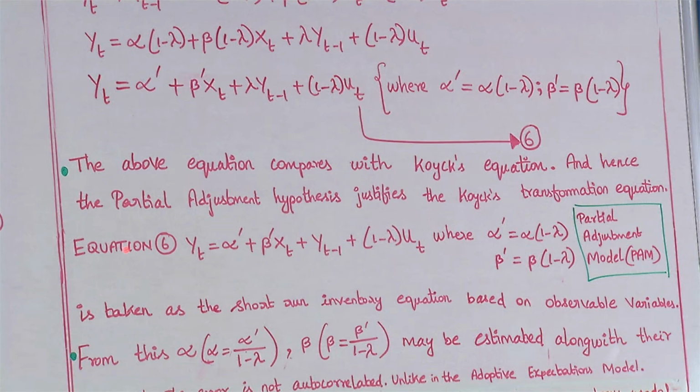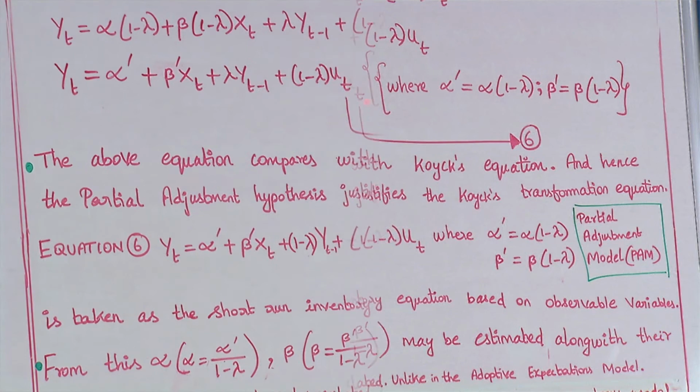Let us see equation number 6. It is quite interesting. This equation looks very similar to the one we saw in the KOYCK transformation equation. It has an autoregressive term, so it compares with the KOYCK transformation equation. This is derived not just by algebraic reductions, but in fact from the partial adjustment hypothesis.